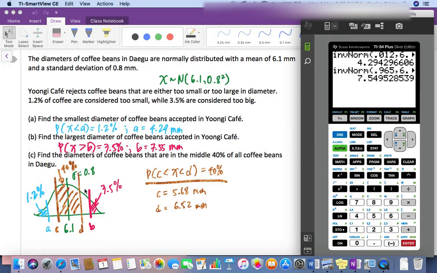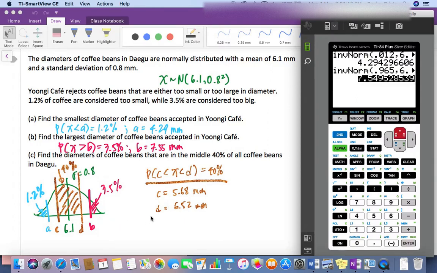It's a little more complicated if you're looking at the middle, so you have to do this one at a time. To find C, you provide the area from the left. If the middle is 40%, each tail is 30%.